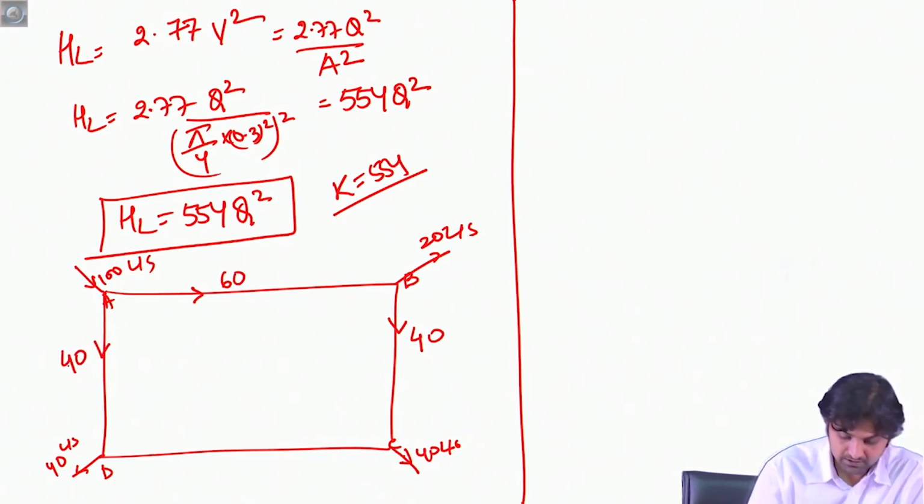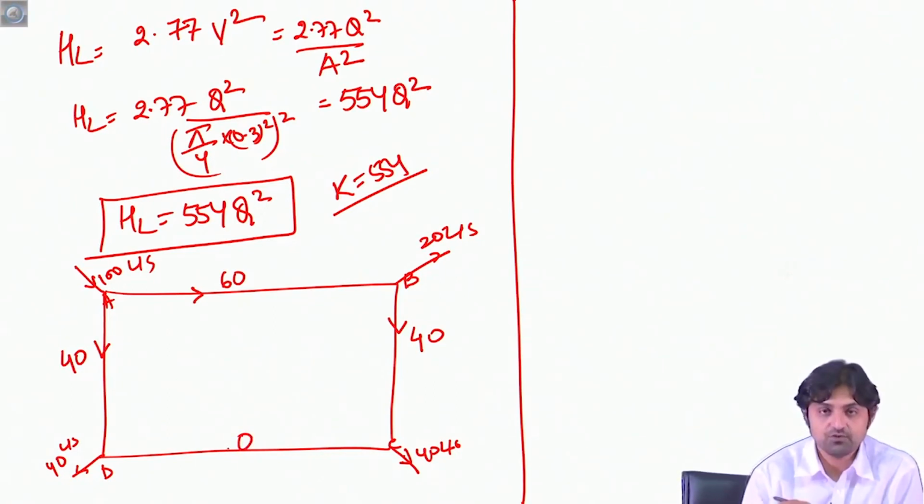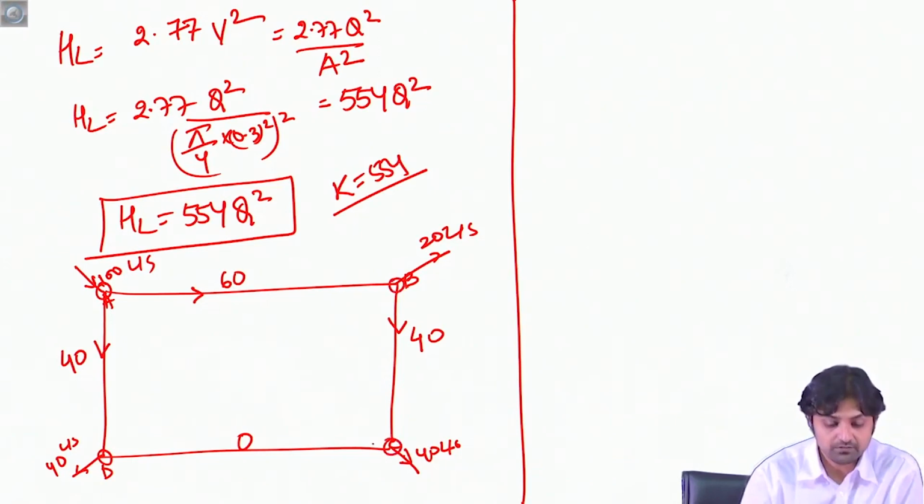So 40 comes, 40 goes out, and this will be 0. This is our first assumption. We are not saying this is the correct answer, but let's say this is the first assumption. We have used the equation of continuity at each of these nodes.